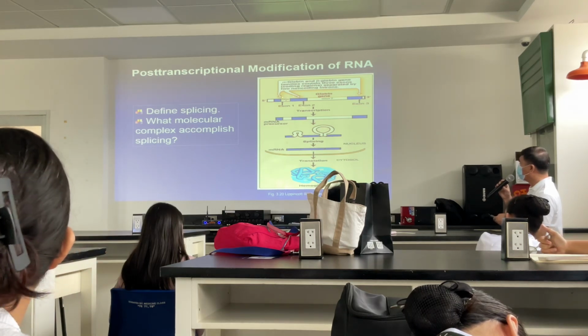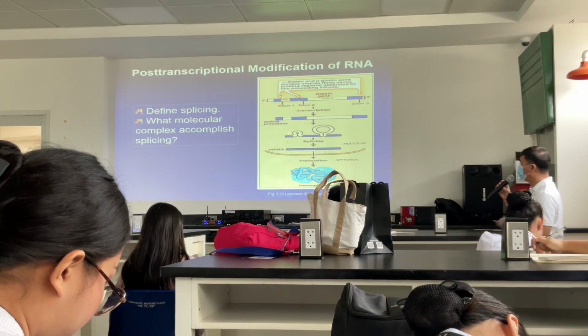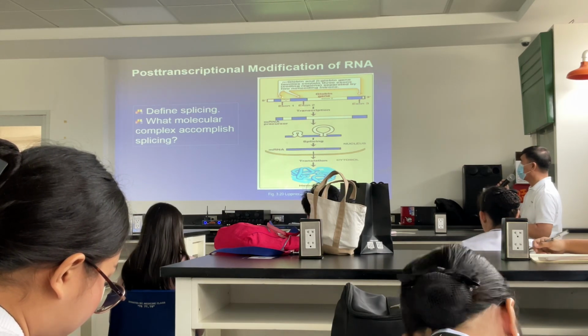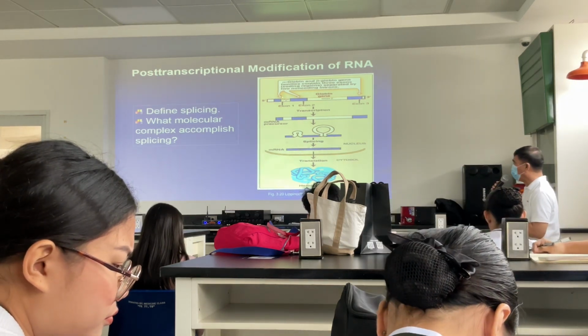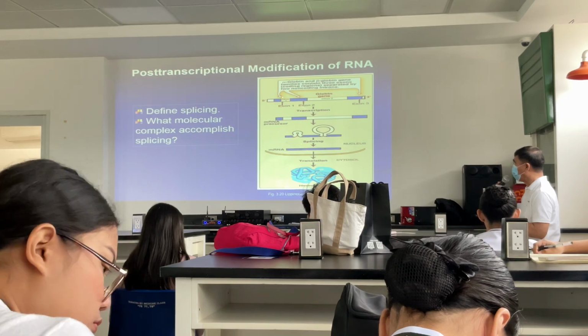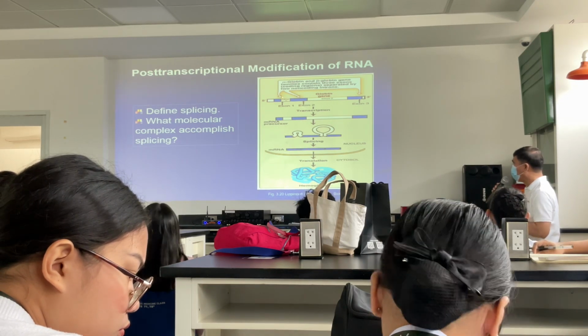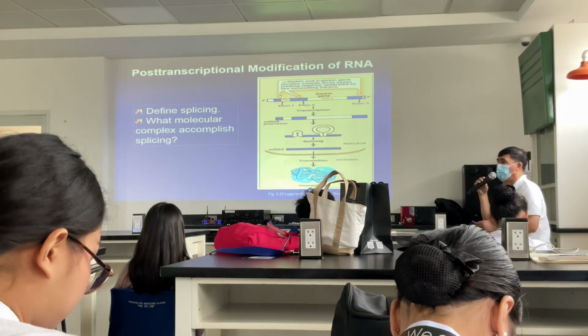It contains 3 exons and 2 introns that become removed by splicing. So when the mRNA is now functional, it can code, for example, for the synthesis of an alpha and a beta globin chain in your hemoglobin molecule.